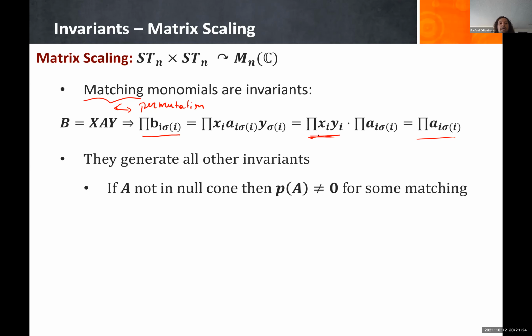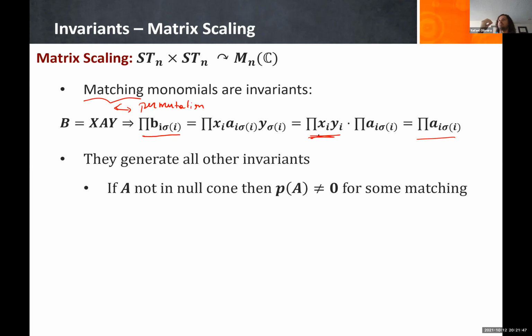And as Ankit talked about, by the Birkhoff–von Neumann theorem, these invariants turn out to generate all the other invariants. This is also really nice, because if you have a generating set of invariants, then by Hilbert's theorem, if A is not in the null cone, then P of A is different from 0 for some matching.